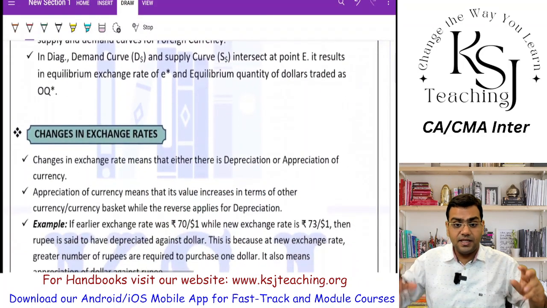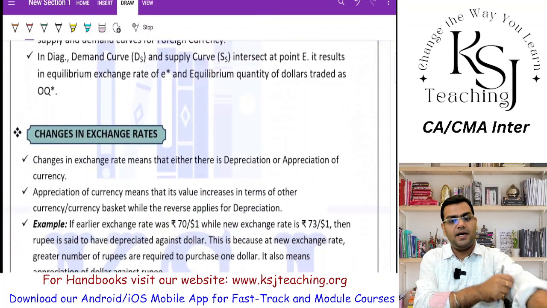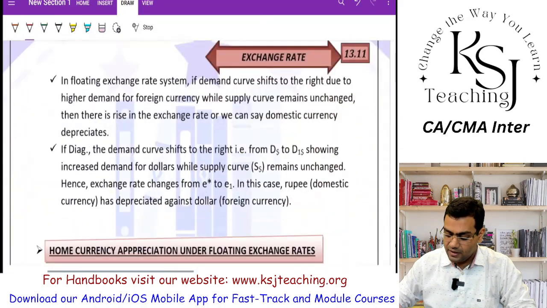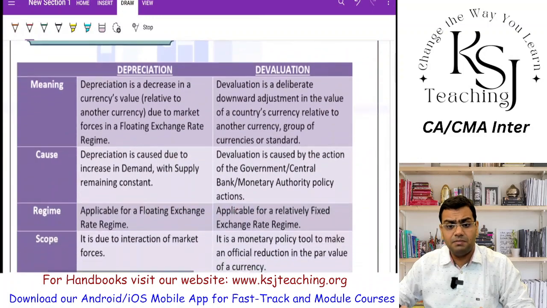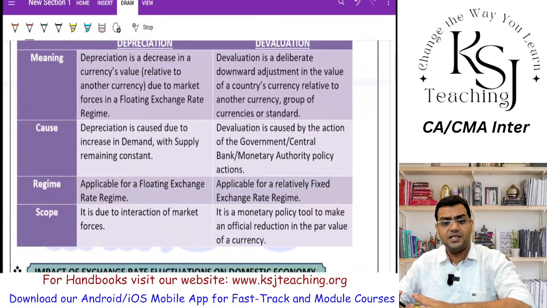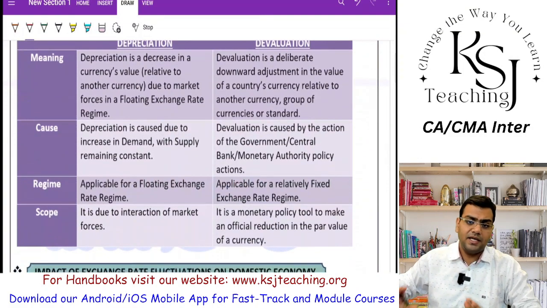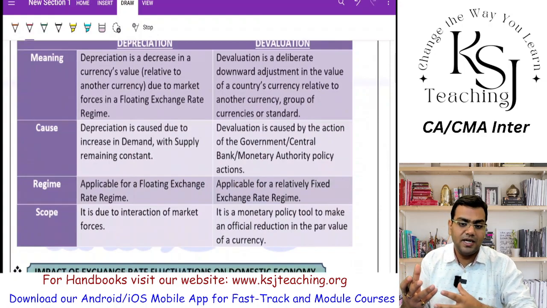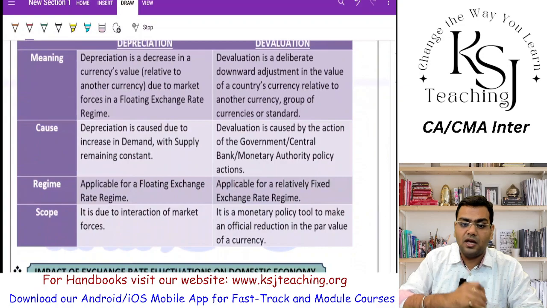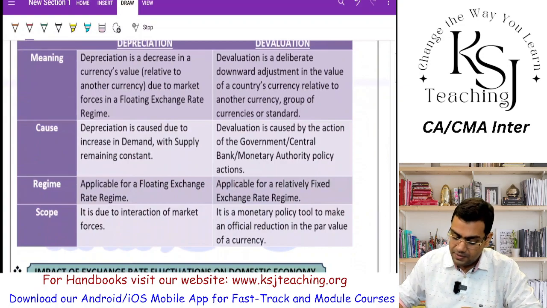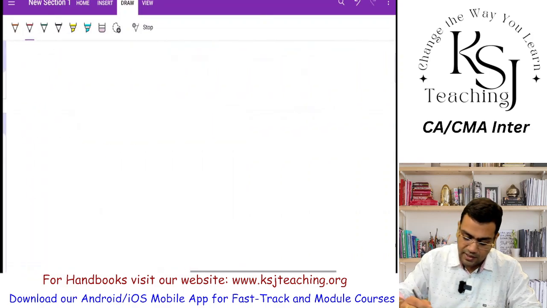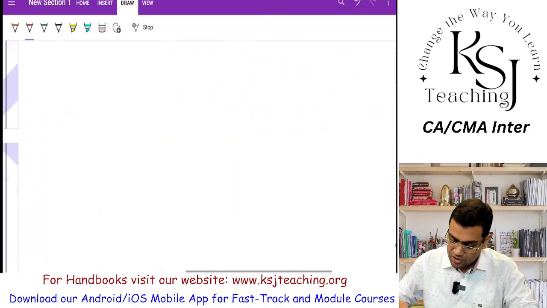Now, changes in the exchange rate, just try to understand now, because you will be reading the further part. I'll not be covering it, because this is very simple, sir. For this whole part, what you need to understand is the basics: how changes in the exchange rates affect your economy, the appreciation and the depreciation.